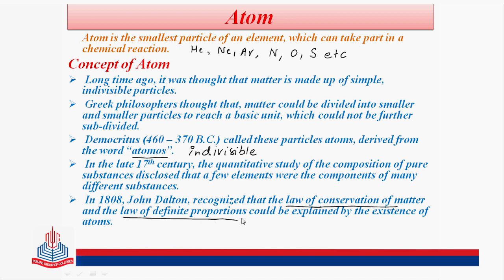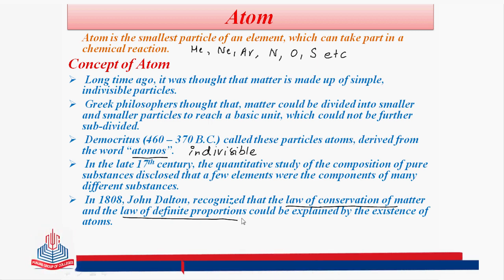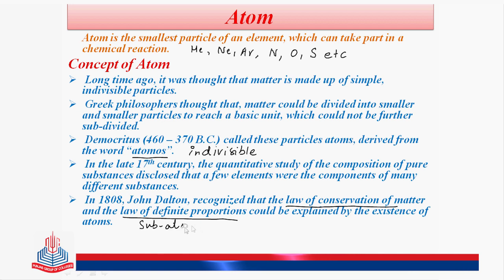John Dalton developed the atomic theory. The main point of atomic theory is that matter is composed of atoms of different elements which differ in their properties. Moving on further, in modern research, an atom is further composed of subatomic particles.